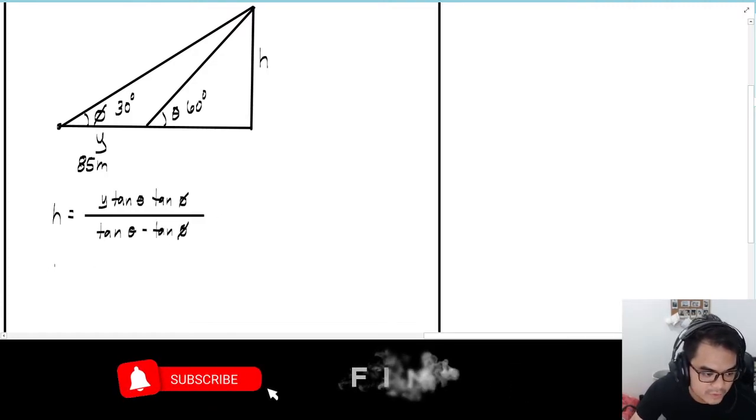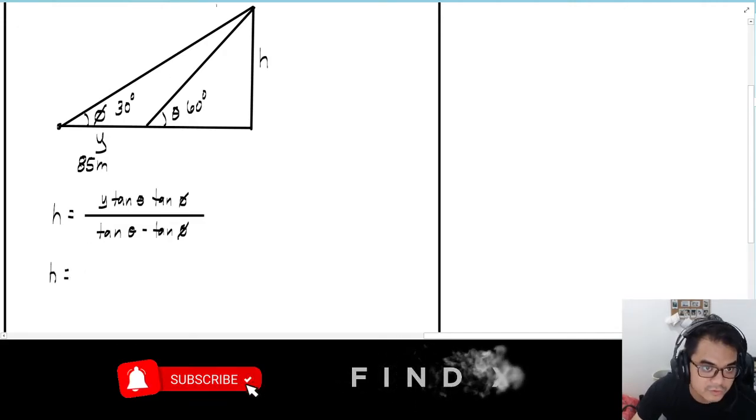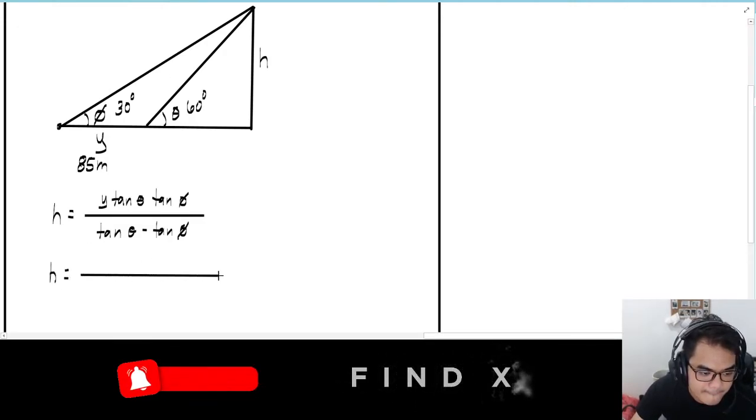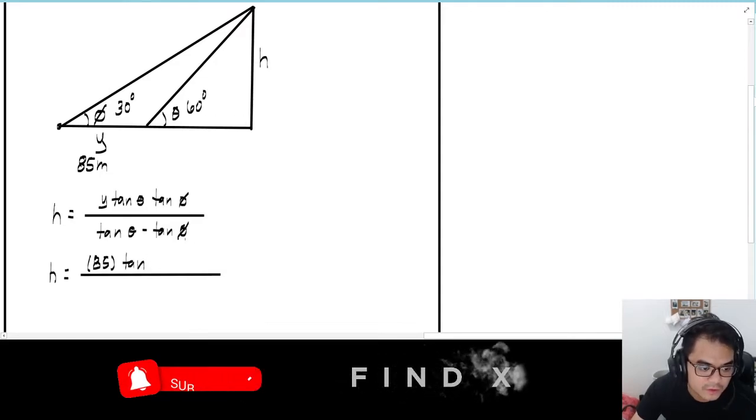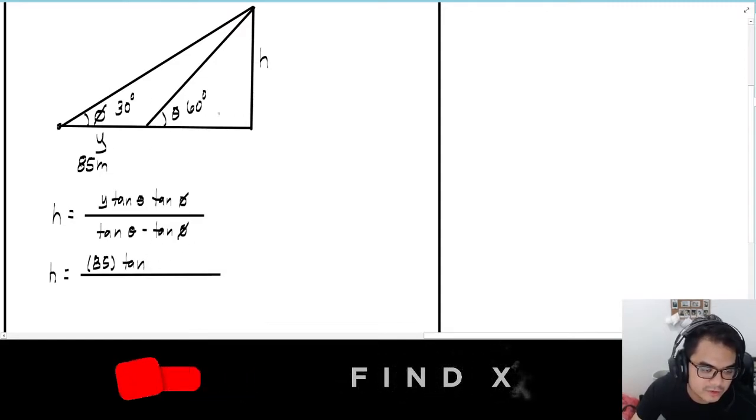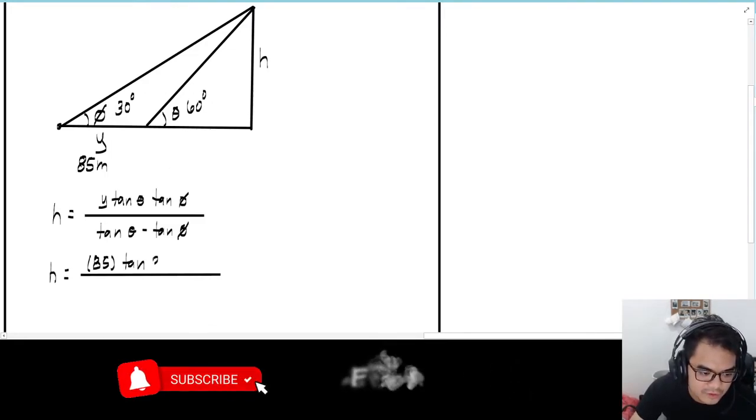Okay. And then if I substitute here the values, y is 85, right? So this will become 85 times tangent of, okay, actually it doesn't matter, no? So just make sure the givens are correct. We have here 30 and 60. So let's say this is tangent 30 and then tangent 60.